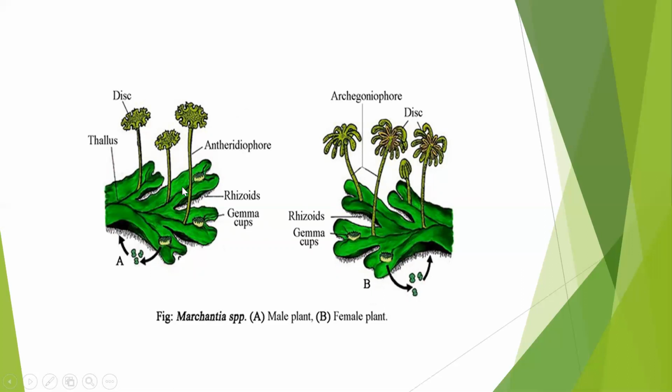The male thallus will produce antheridium. The antheridium will produce antherozoids that will swim across and come to the archegonia where fusion will take place, and then the zygote will be formed. That zygote will produce spores and that will give rise to the thallus.